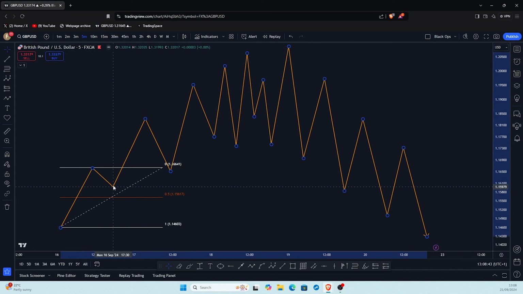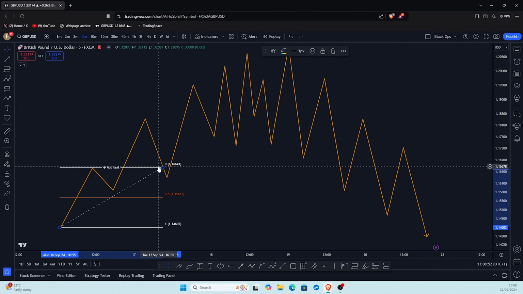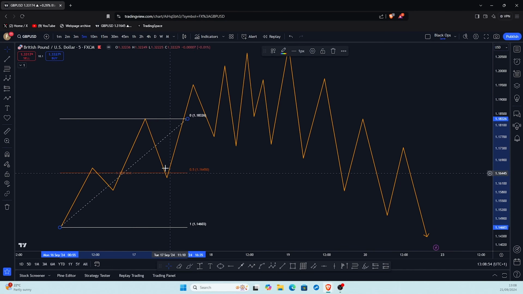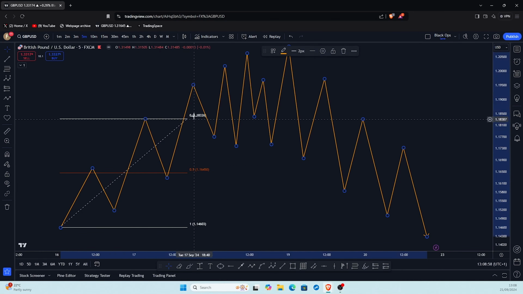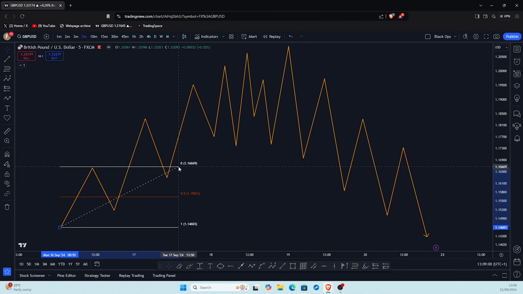If price is, let's say, over here, then we can expect a deeper retracement at some point for the move. If we're looking for a deeper retracement, we'd go like that until the 0.5 is fulfilled.